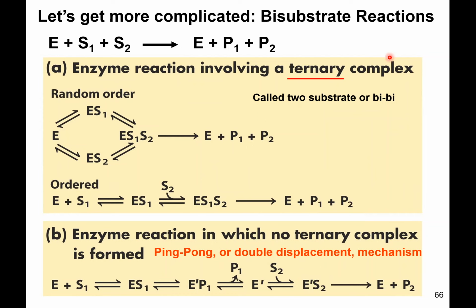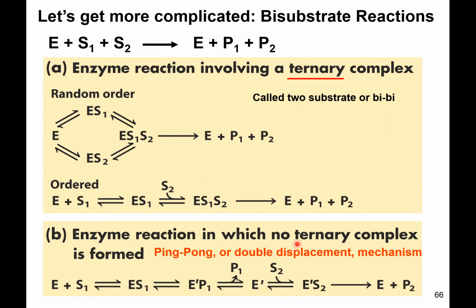And we get what's known as a ternary complex. Okay, so you have enzyme substrate 1, enzyme substrate 2, and then the enzyme substrate 1 and 2 complex. And that's what's needed to make your either one or two products. Okay.